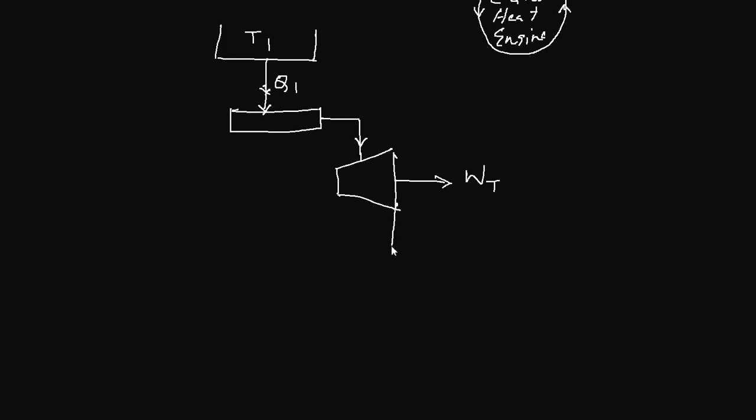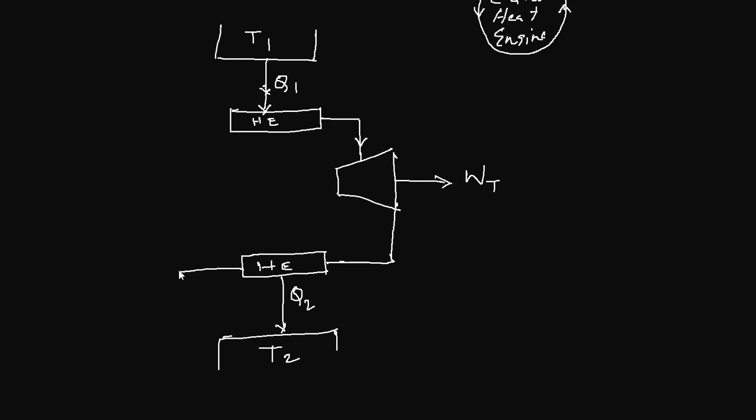At the exit of the turbine you will have another heat exchanger, which is rejecting heat Q2 to a sink or a temperature source which is at T2.